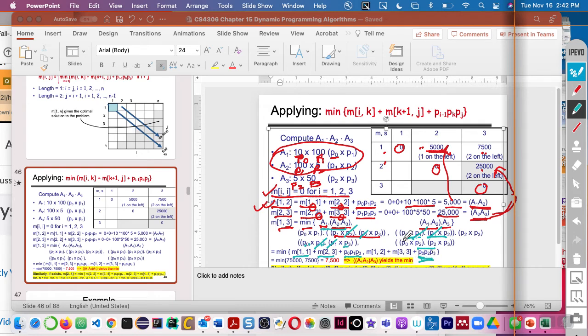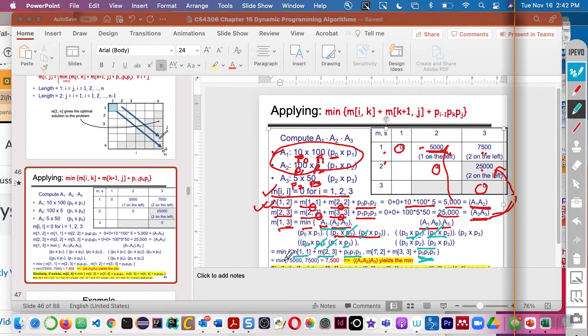And then this one is M of 1 2 plus M of 3 3. Whenever you find a single matrix, it is a diagonal element. M 1 2 is already calculated, and M 3 3 we already got from the initial value, and then we know P0, P2 and P3.